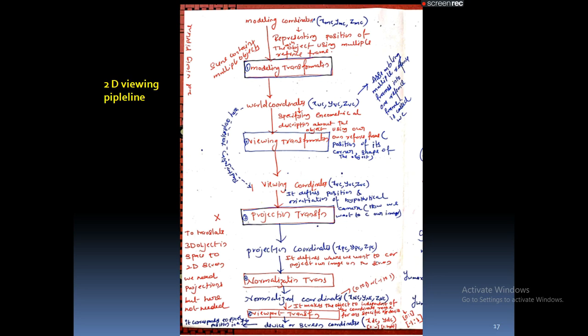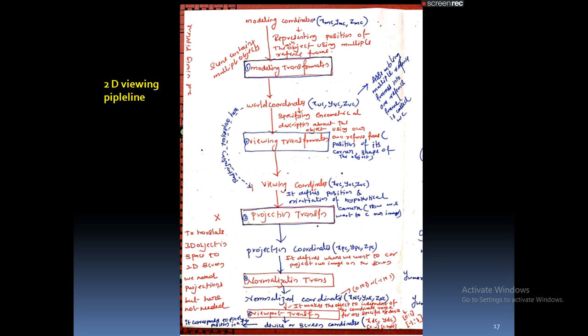So I would like to conclude this session here, but before concluding this topic, I would like to summarize the concepts we discussed today. First, I said whenever we want to create any image in computer graphics, either a two-dimensional image or a three-dimensional image, we need two things.